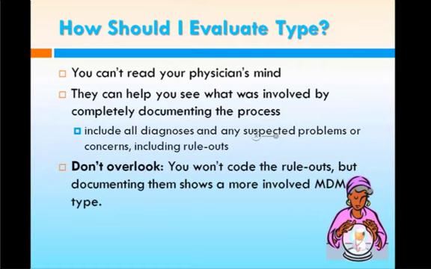Now, I do want to give a warning here: make sure you don't overlook that you will not be coding the rule-outs unless there is actually a sign or symptom being evaluated and there's no definitive diagnosis. That wouldn't be a true rule-out when we're saying, rule out cancer or rule out strep.